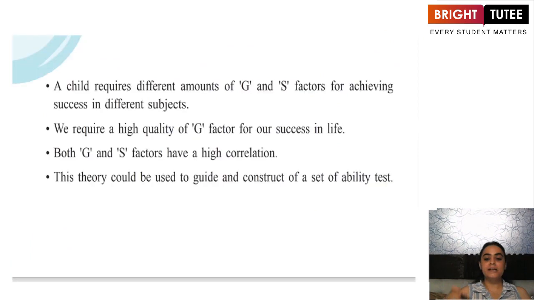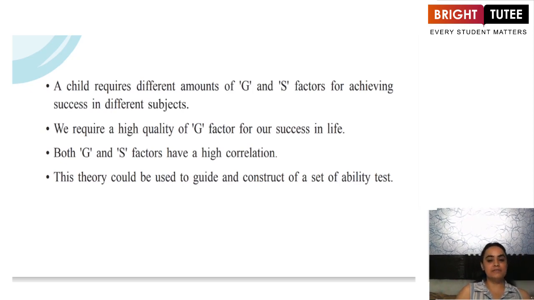A child requires different amounts of both G as well as S factors if you want success in some subject. G factor is required more because we can add new things if the base is very strong. So if your G factor is strong, getting more success in life is going to be quite automatic.